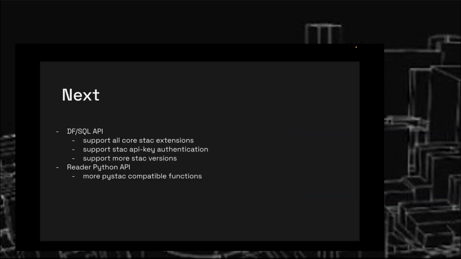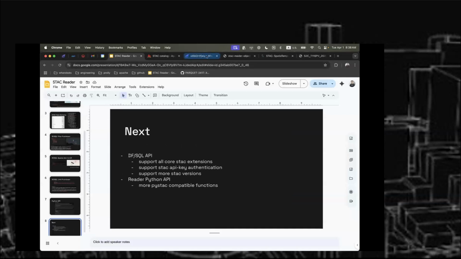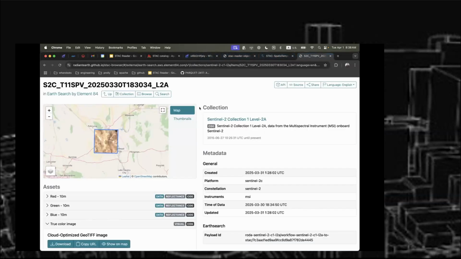Yeah. So what's next? Before I go into that, I can show you some examples. Here is one example I want to demonstrate, of how we can use the STAC reader in a notebook. I want to search some Sentinel image over Las Vegas to find out if there are any solar panels in the image.